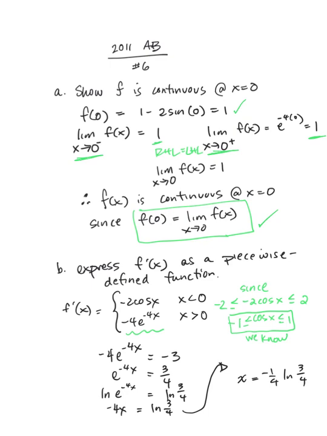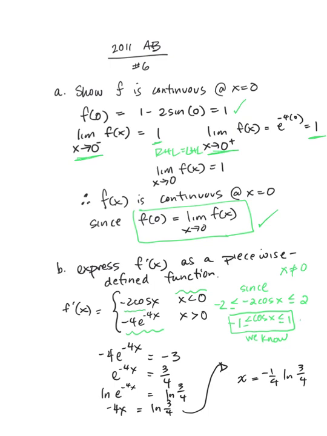Part B is to express f prime as a piecewise defined function except for when x is equal to 0. And so f prime, I just took the derivative of those two pieces. And then the second part of that was to find the value of x for which f prime equals -3. Okay, so this first piece here, when x is less than 0, is equal to -2 cosine x.